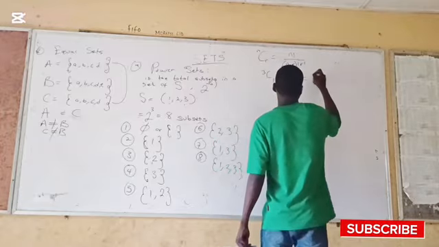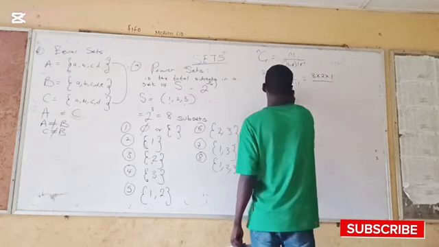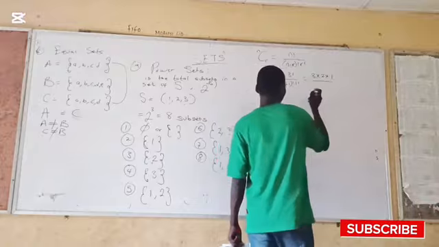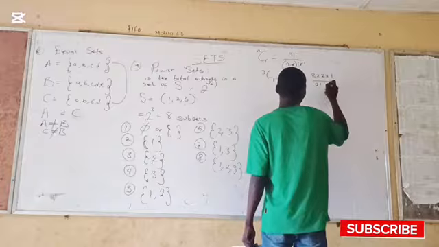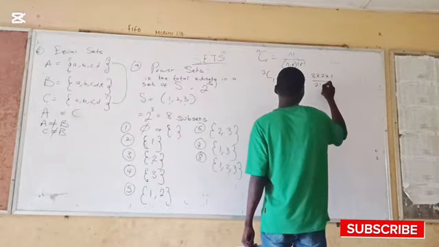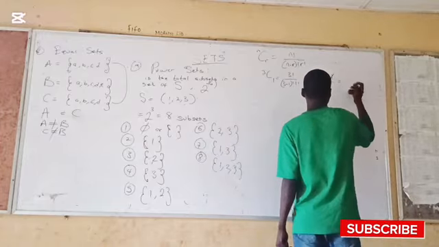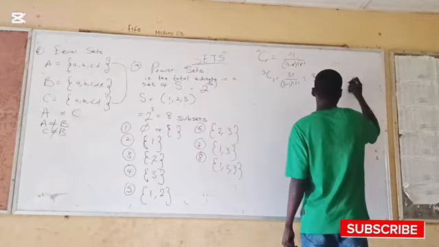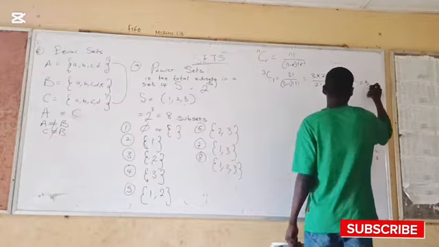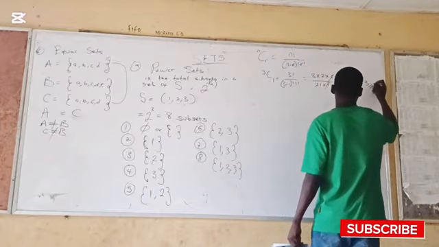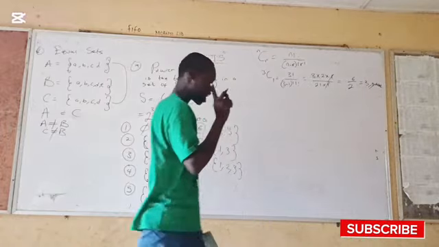So 3 factorial is represented by 3 times 2 times 1, all divided by 3 minus 1, which is 2, so I'm going to have 2 factorial. 1 factorial is 1, right? Multiplied by 1. So you can see this cancels out. You have 6 over 2 factorial, which is 2 times 1, which is 2. We have 3. So this is telling us that we are going to have 3 subsets containing one element.